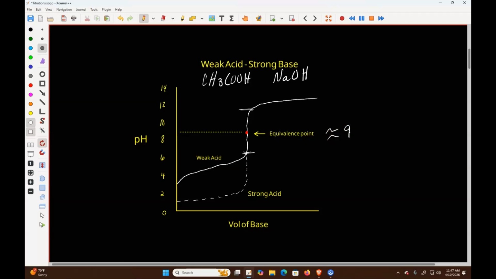So at the equivalence point, the moles of OH- again equal the moles of H+ produced by the acetic acid.